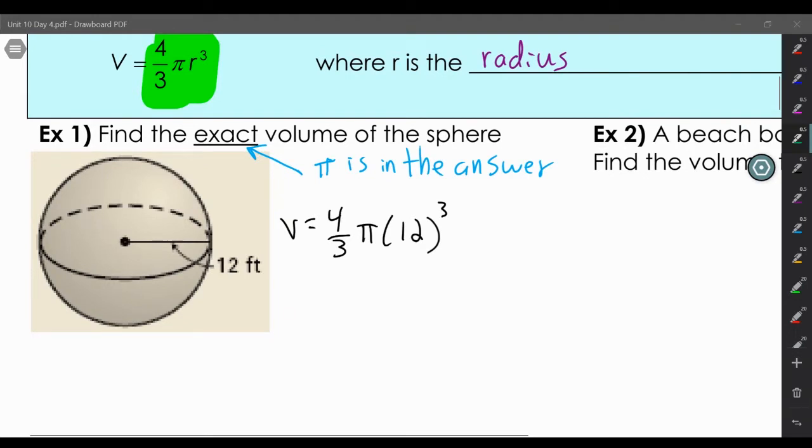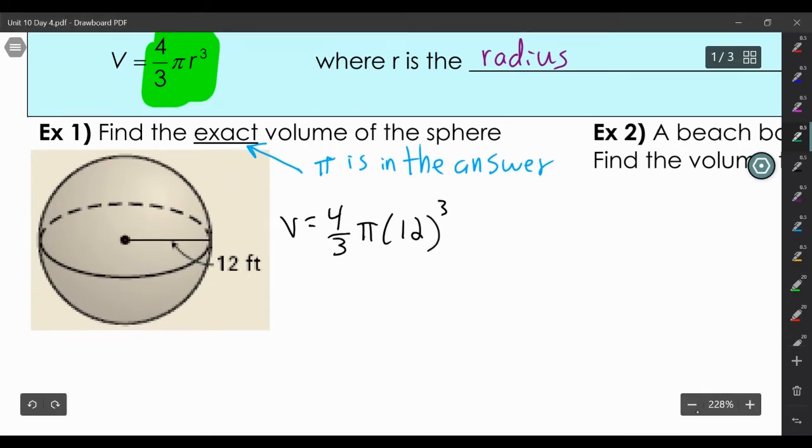Take care of the radius part, then multiply it by 4/3, and we get 2,304. I think if you try to deal with the 4/3 first and then cube the 12, it might get a little bit messy and you might hit a button by mistake or do something in the wrong order.